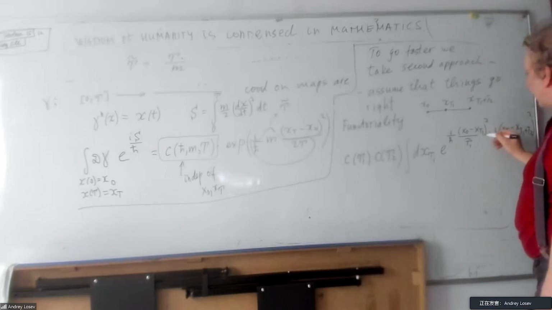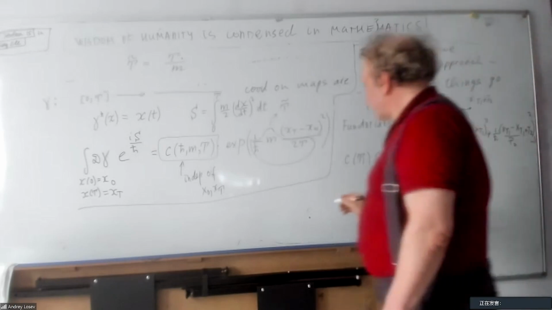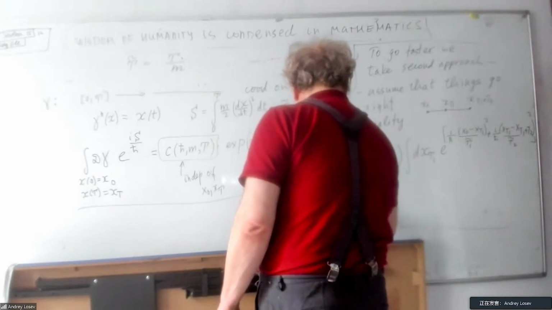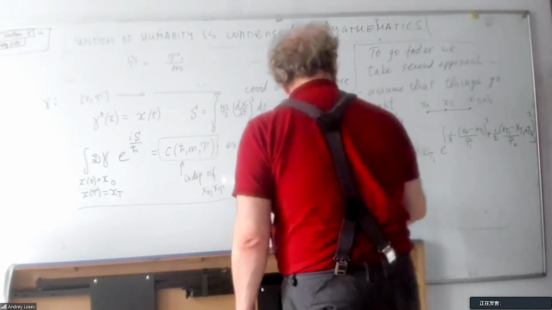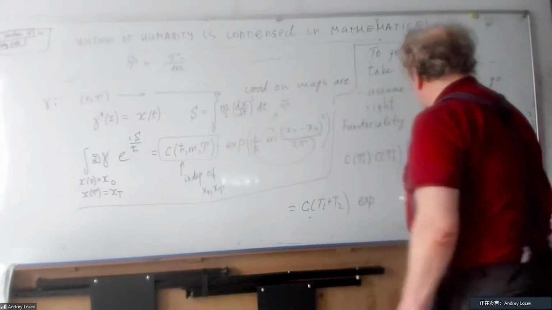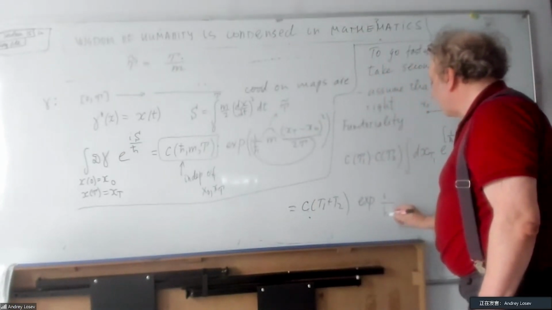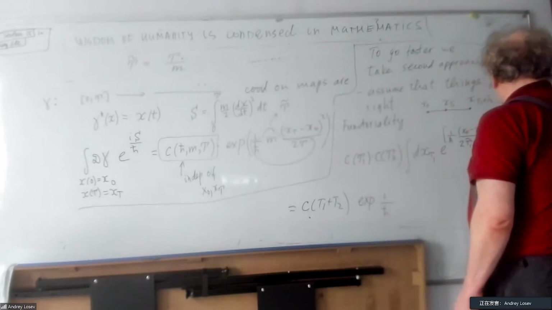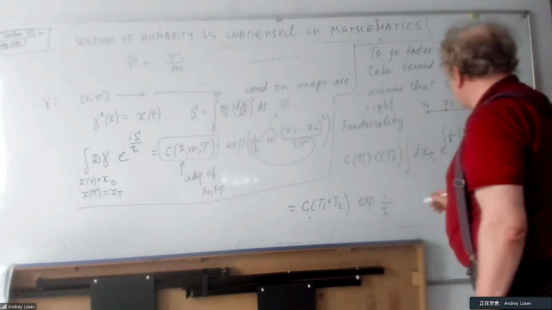So I put this sum in the exponent, and I want it to be equal to C of t1 plus t2, and here I want to have an exponent of i over h. Okay, so there is 2 here, and there is 2 here.